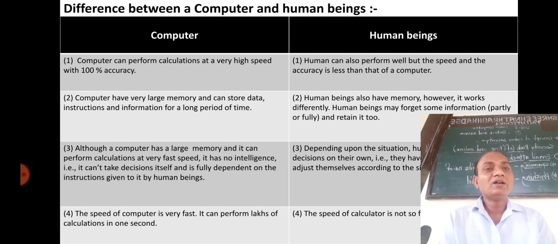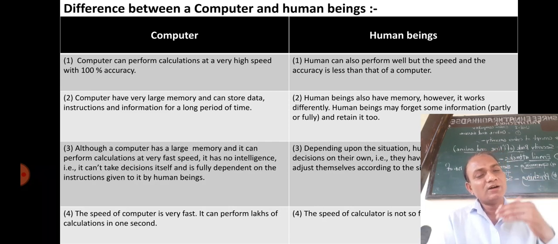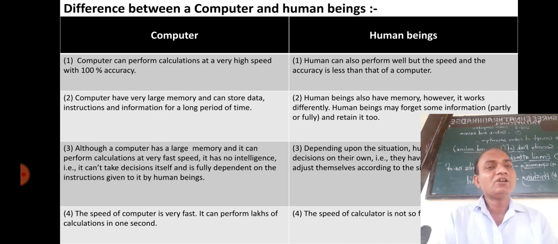Human beings may forget some information and retain it again. Humans can store only limited information, and it is possible that they forget that instruction or information. This is the second difference between the computer and human beings.